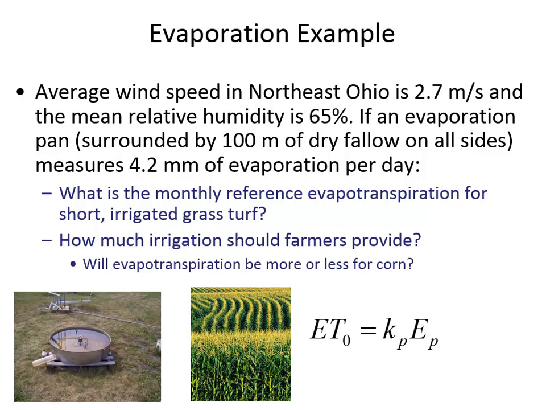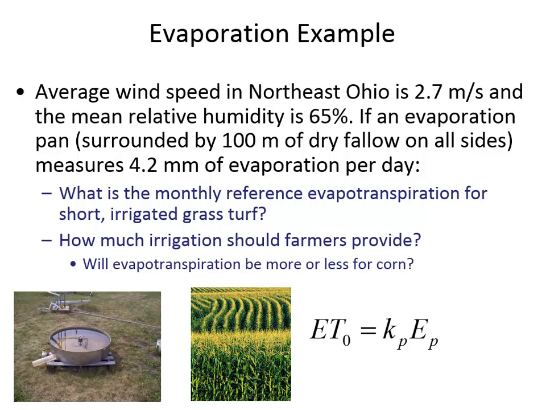So K sub p, E sub p, and our K sub p here is 0.60, and the reference evaporation for the pan, 4.2 millimeters per day, and then we multiply that by 30 days per month. And that gives us that there will be 75.6 millimeters of evapotranspiration per month. And that's for the short irrigated grass turf.